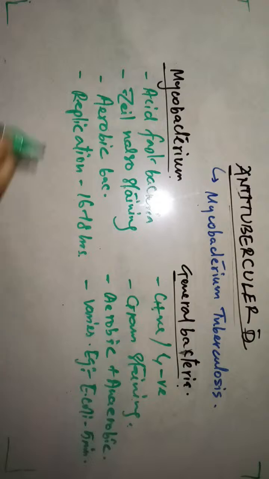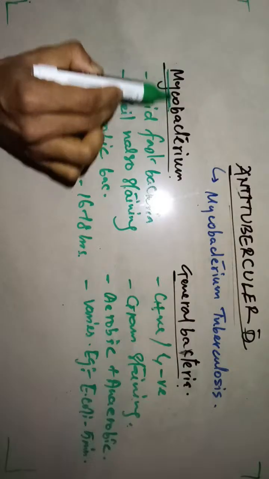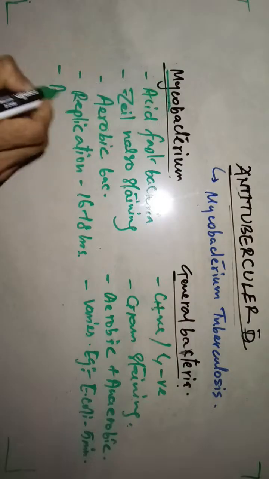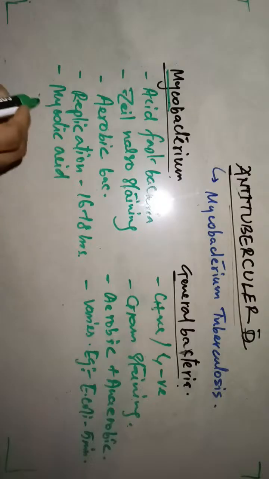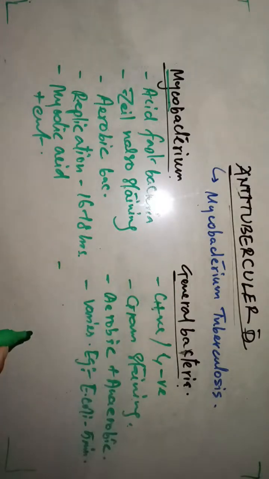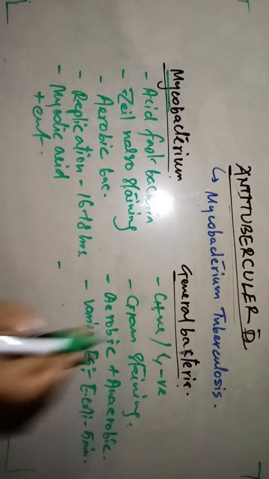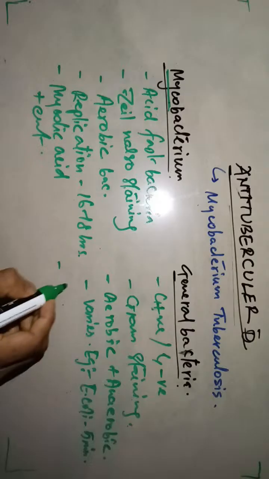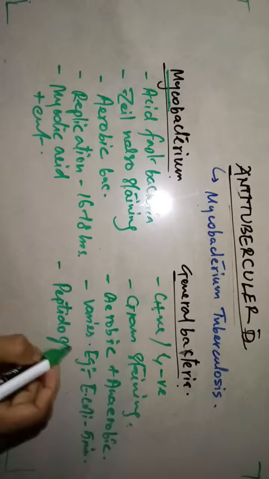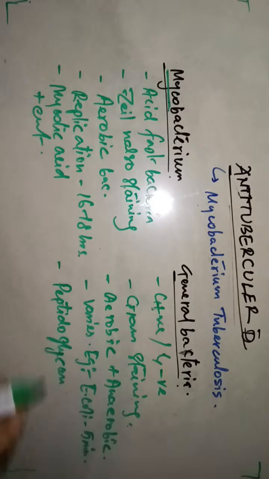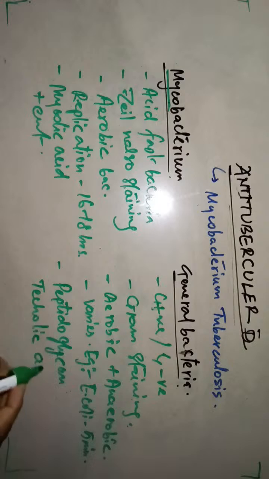Next, a high amount of mycolic acid is present in Mycobacterium, whereas in general bacteria, the cell wall is made up of peptidoglycan and teichoic acid.